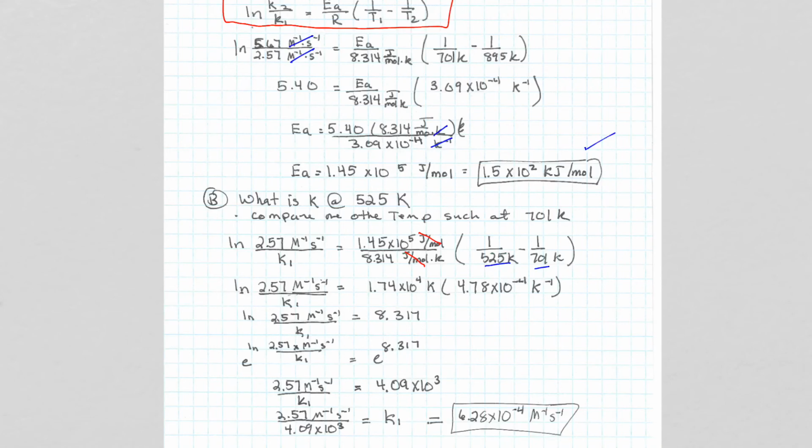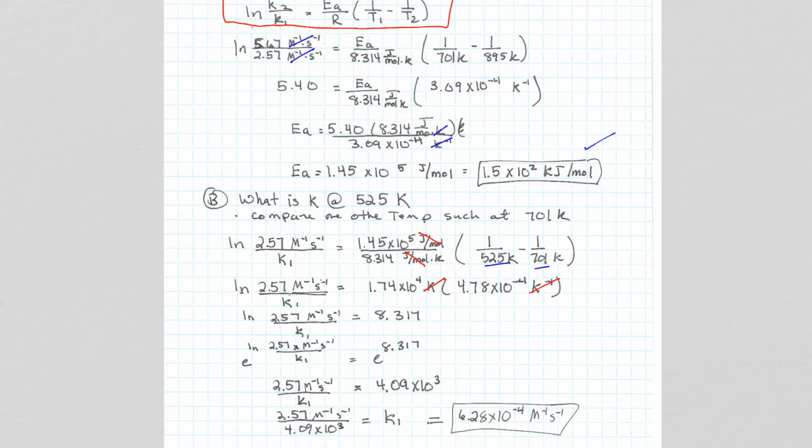We have Kelvin times reciprocal Kelvin. Those cancel out. So we know everything on the right-hand side, so we can get that down to a number. Notice it's unitless.